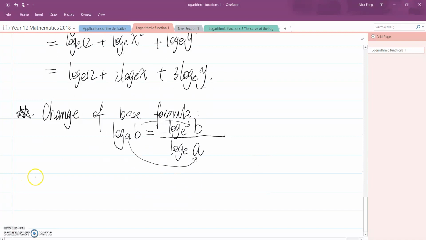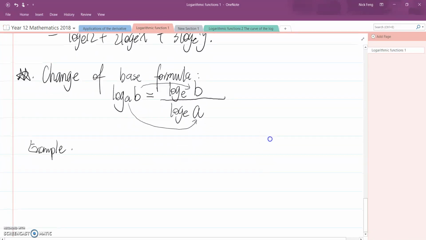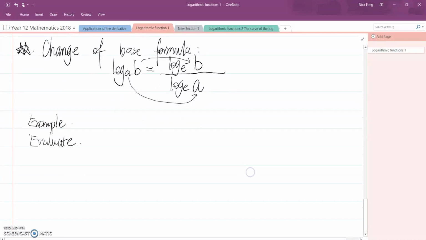Okay, so for example, evaluate log base 2 of 15.